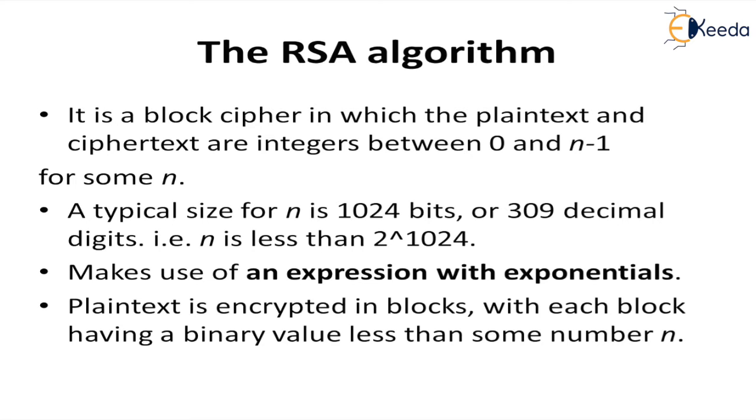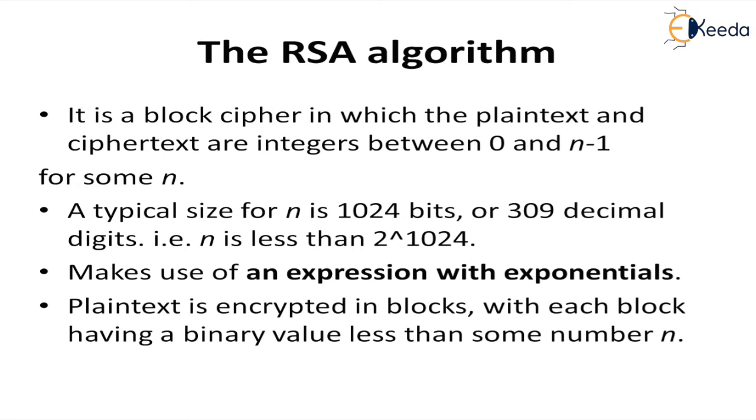The RSA algorithm is a block cipher in which the plain text and the ciphertext are integers between 0 and n minus 1 for some n. A typical size of n is 1024 bits or 309 decimal digits, that is, n is less than 2 raised to 1024. It makes use of expressions with exponentials.